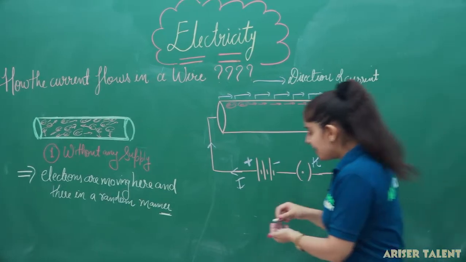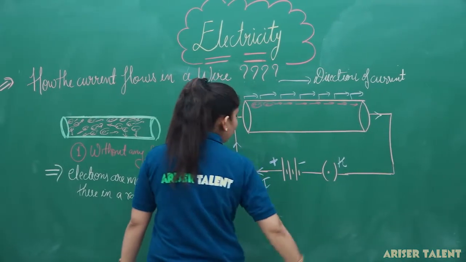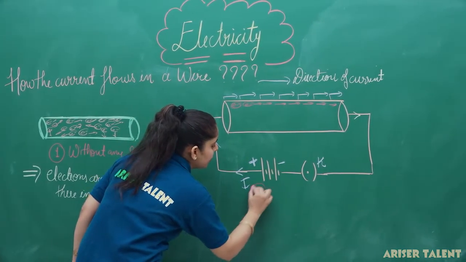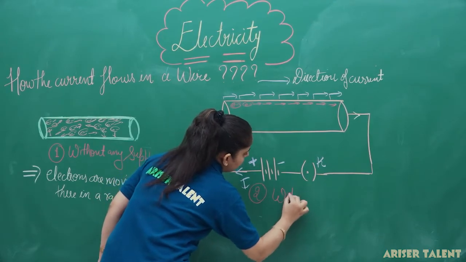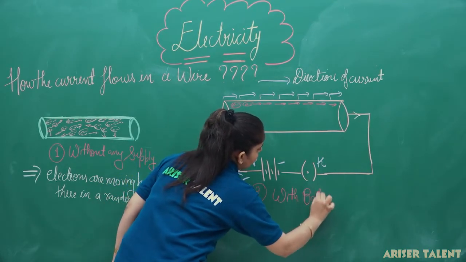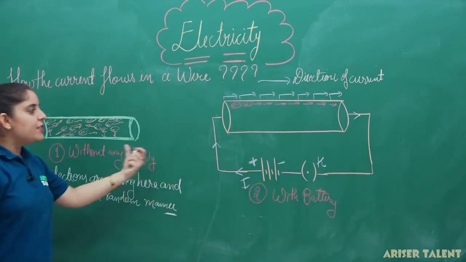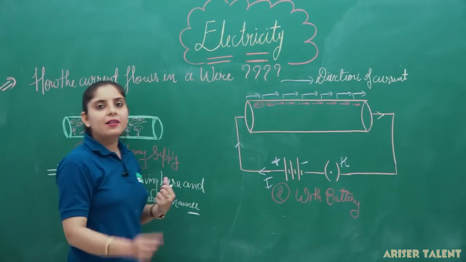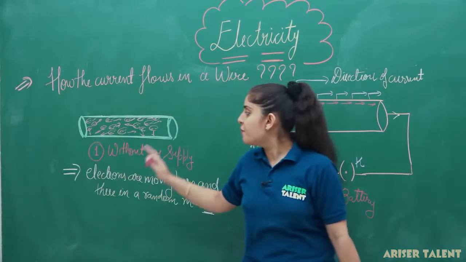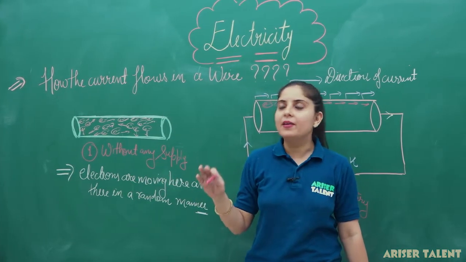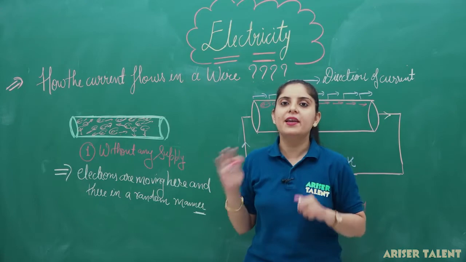Now, this is the second system in which we have connected the metal wire with a battery. Now, what is the difference between these two systems we have taken? In the first case, if we are not using any source or battery, you can see that the electrons are moving in a random fashion.